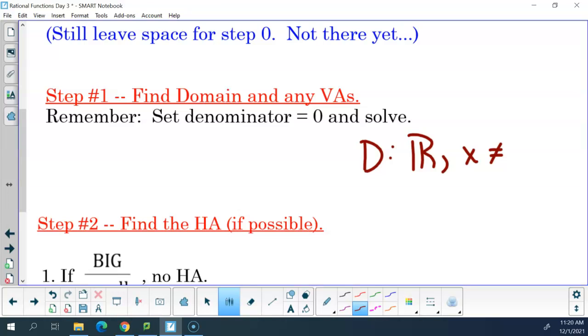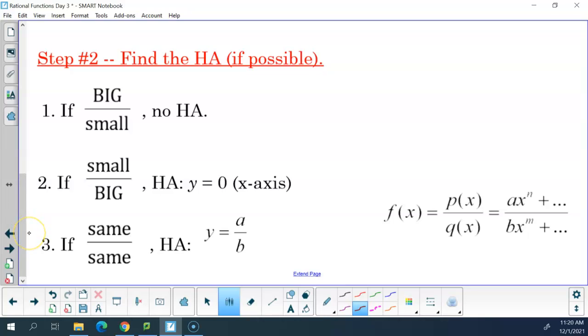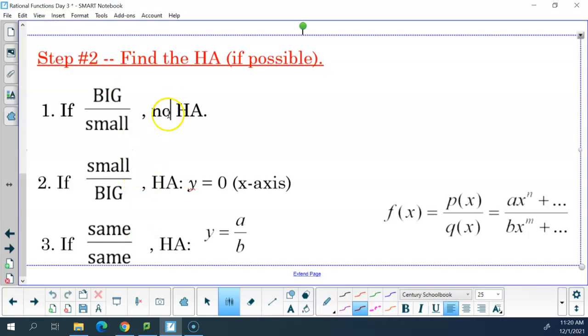So then we come to step number 2. Oh man, it didn't save. Biscuits and gravy. Well, while you guys are writing this down, I'm going to go back in here and change this because I wanted this one to say delete, colon.